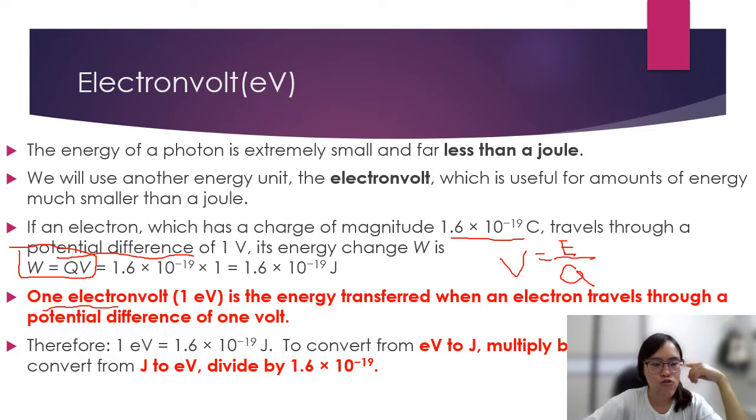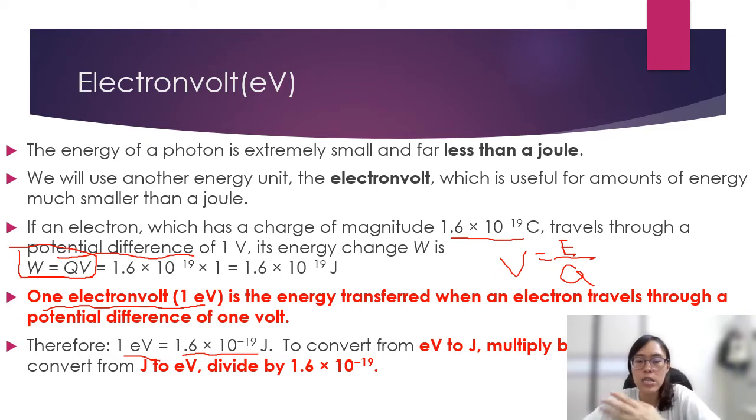So 1 electron volt, 1 eV, is the energy transferred when an electron travels through a potential difference of 1 volt.